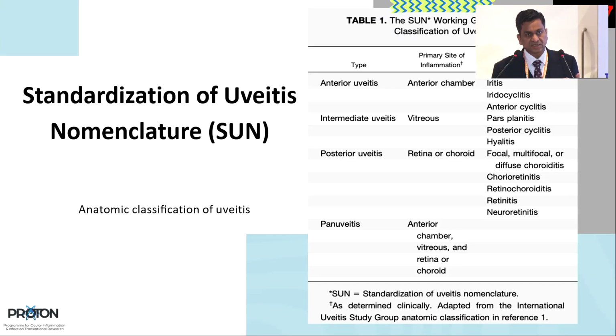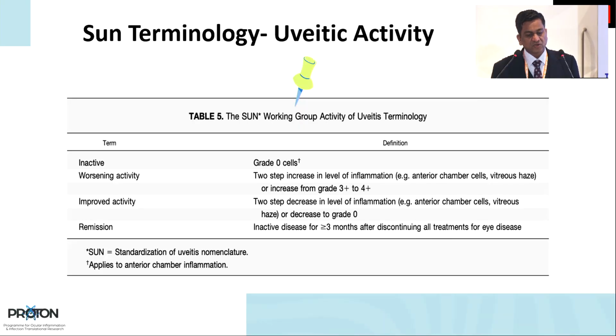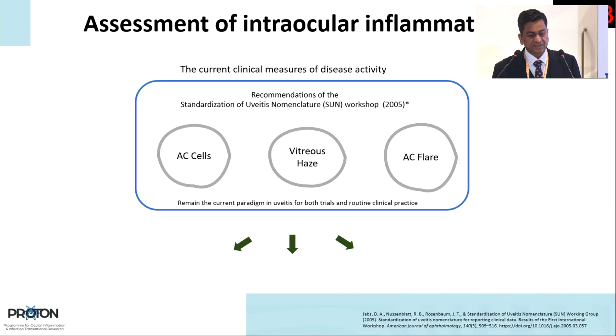The history is that SUN is the standard for the uveitis care pathway, whether in terms of nomenclature, and it has also defined the activity of uveitis in terms of inactive, worsening, improved, remission. All kinds of things have been defined by SUN. Also, the inflammation in the eye, which we are trying to monitor, is what we want to achieve.